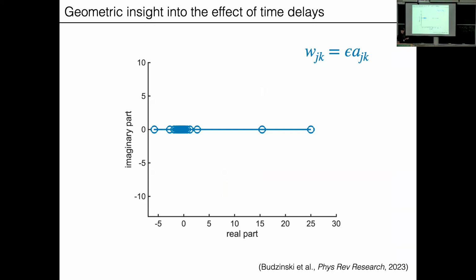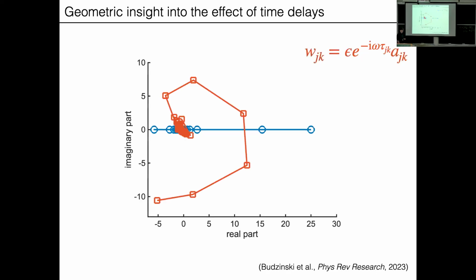And now we can consider how adding time delays changes this plot. And here, the delay operator is applied as a Hadamard, or element-wise, product onto the adjacency matrix. And in this case, both the adjacency matrix and the delay operator are circulant.